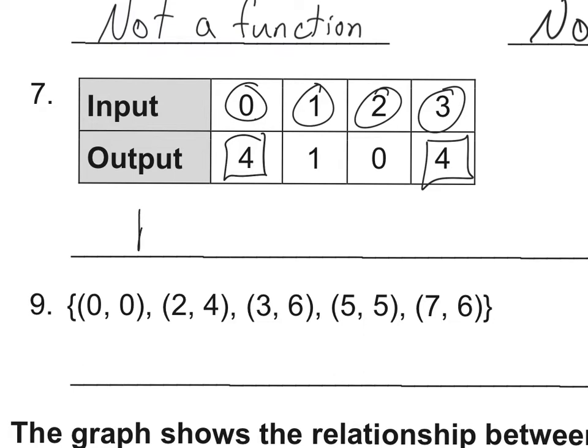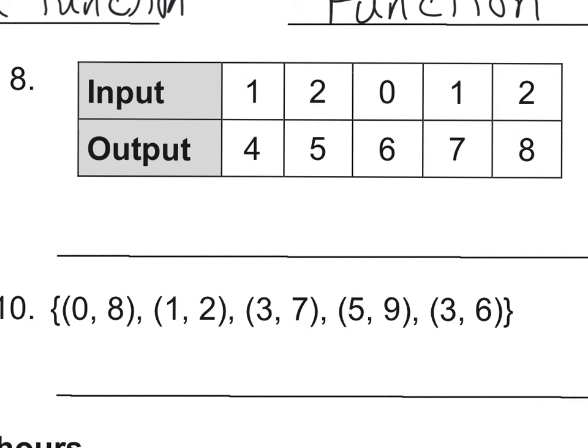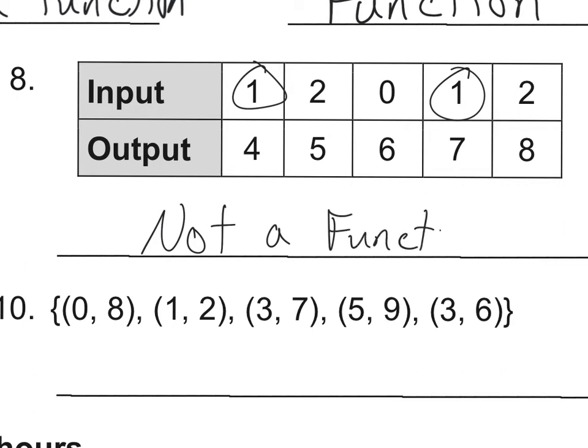Okay, so that is a function. We have a 1 and another 1. They give you a 4 and a 7, which can't happen, so that is not a function. Pretty easy concept. You just have to look for repeats of the x value.